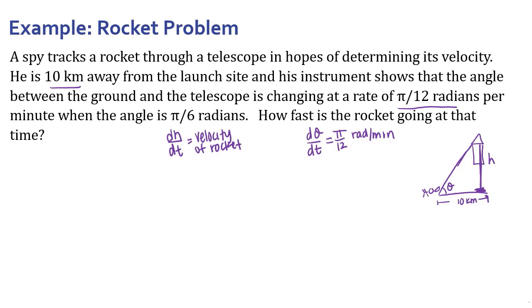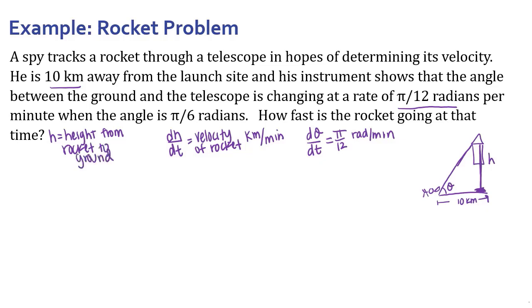And that's going to be in terms of, let's see, what did they tell us? Kilometers, so kilometers per minute. And we're letting h be the height, or the distance from the rocket to the ground.